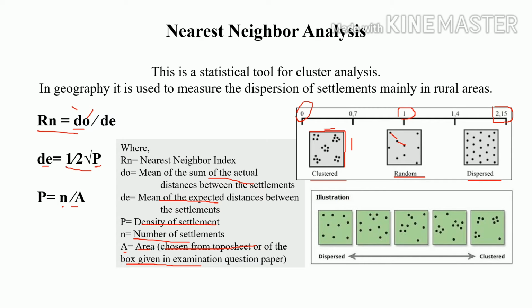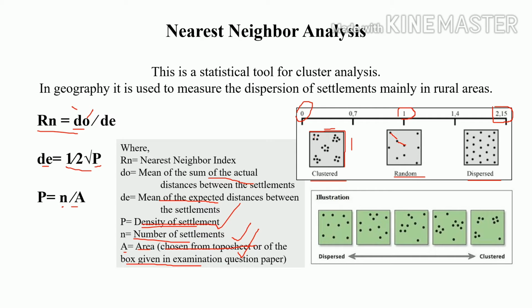Okay, and if we calculate from a topo sheet, then in the topo sheet we make a box like this, and from there we can calculate the area, and the number of settlements we can count from inside. So number of settlements over the area will give us the density of settlements.